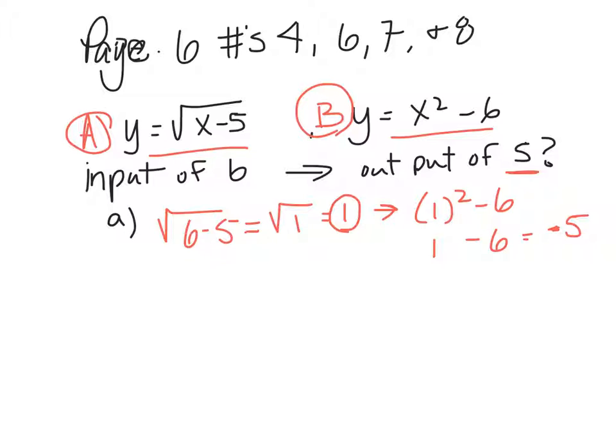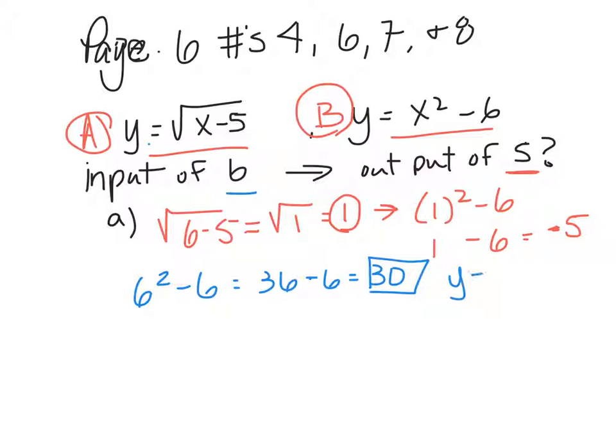So, for A, our proper order must be to take our 6 and plug it in to B first, which would be 6 squared minus 6, which is actually 6 times 6, right? And 6 times 6 is 36, minus 6 would be 30, and we take this and we plug it into A now. So that would be y equals the square root of 30 minus 5.